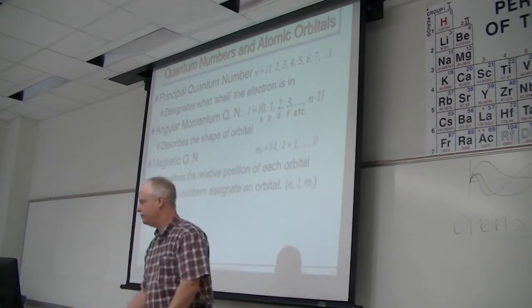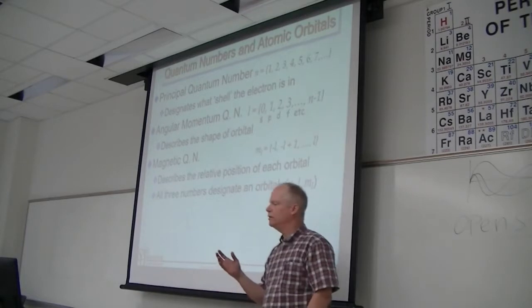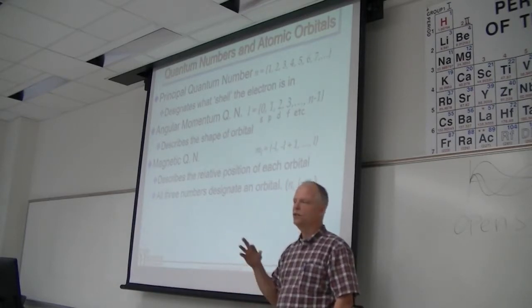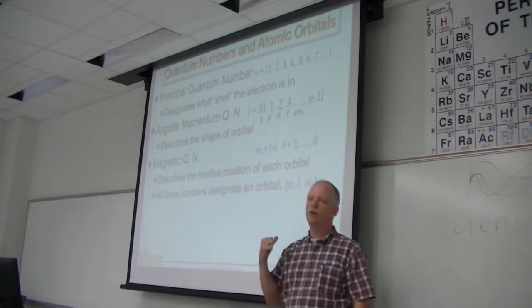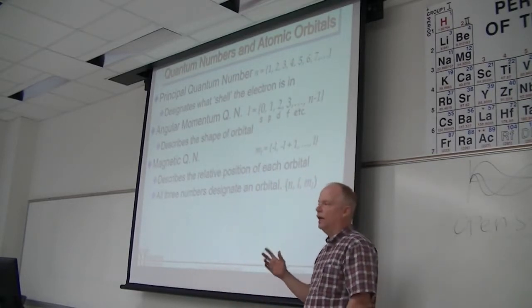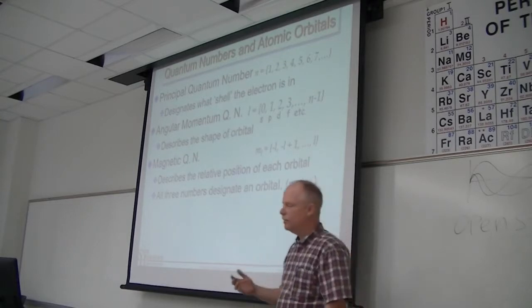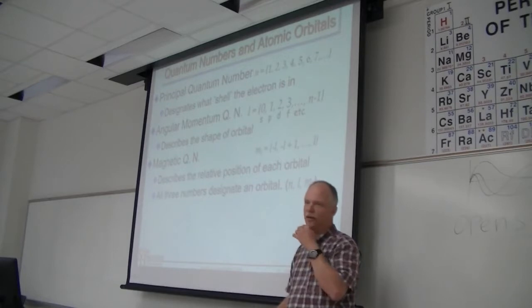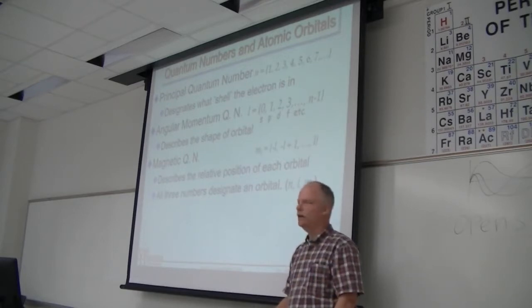Next we have the m sub L, or the magnetic quantum number. The reason it's called magnetic is there's no energy difference based on these quantum numbers unless you put it in a magnetic field. And so you can see the m sub L quantum number effect if you put these atoms in a magnetic field.